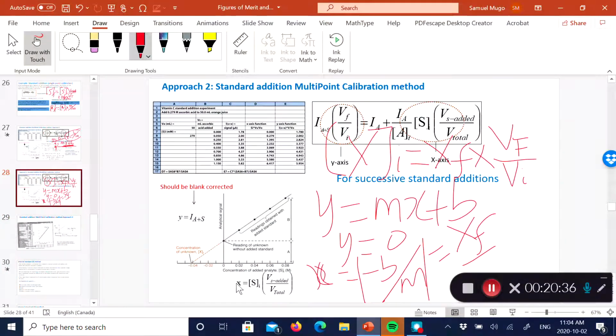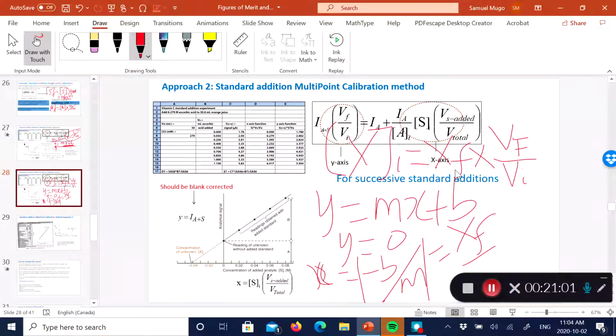So if you use this approach, where you didn't take into account the concentration factor for the y-axis, remember you have to take account of the concentration factor for the x-intercept, which I've already explained. You get it by making y equal to 0 in your equation of the line, giving minus b divided by m, which is the calibration sensitivity.